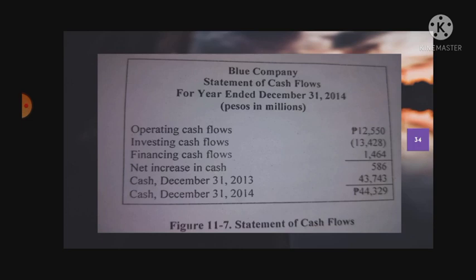Next is the cash flows from financing activities. Financing activities are the cash flows derived from the equity, capital, and borrowings of the entity. Financing activities are the cash flows that result from the transactions between the entity and the owners, and between the entity and the creditors.